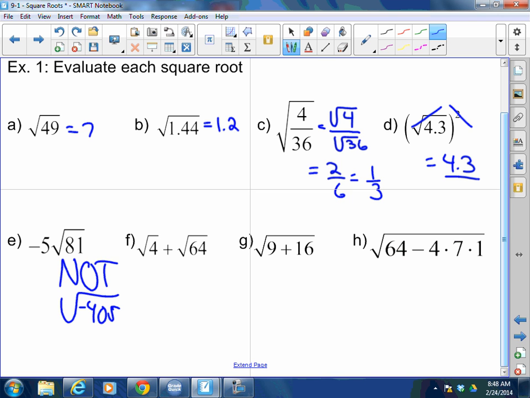No, no, no, no, no. You can only multiply radicals to radicals, and we'll get into that in a couple sections. But I need you to be confident. You cannot multiply integers into a radical. You cannot. So what do we do? This is negative 5 times the square root of 81, which is 9, which is negative 45.